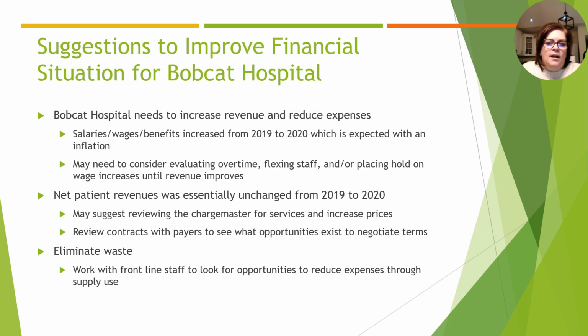So suggestions that I would have to improve the financial situation for Bobcat Hospital, obviously they need to increase their revenue and reduce their expenses. If you're looking at the values from the slide with the balance sheet and the statement of operations, there weren't a lot of changes in any of the metrics year to year, but the salary, wages, and benefits did increase from 2019 to 2020, which can be expected with inflation and annual pay raises that you give your staff.